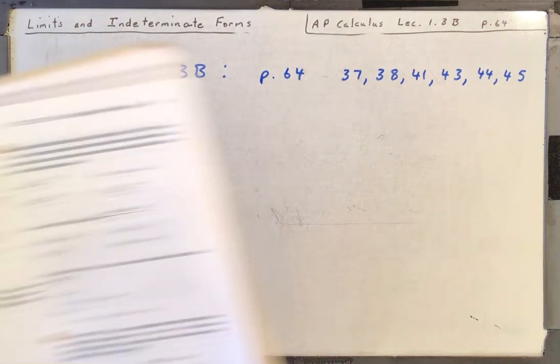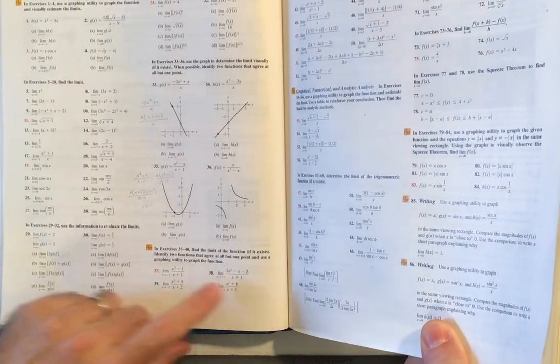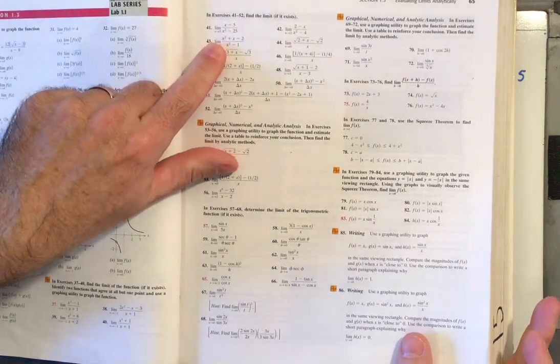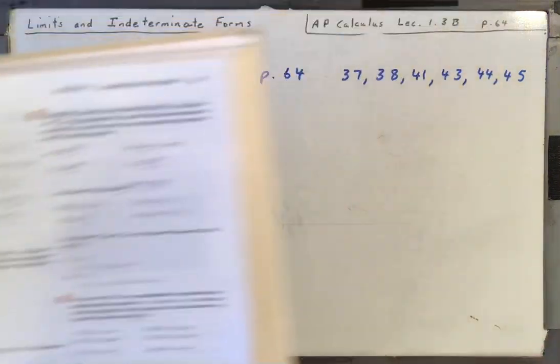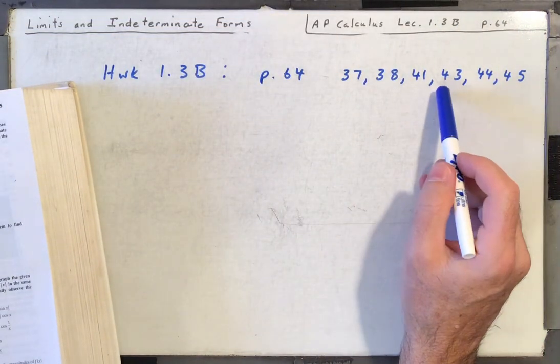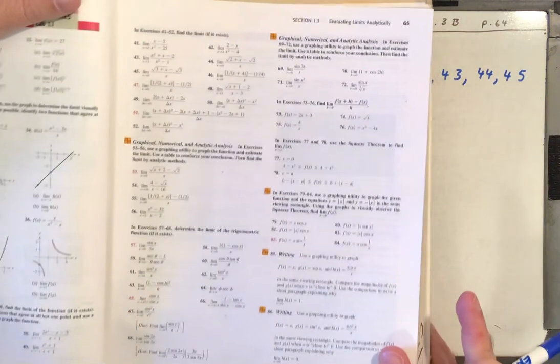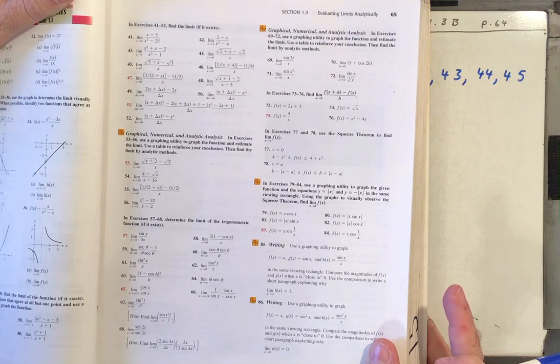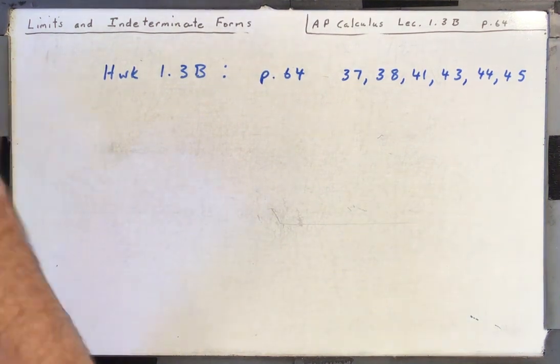So, 37, 38 are like what we did for 41. 41 has the difference of two perfect squares, so you'll need to remember that formula. 43 also has the difference of two perfect squares. 44 looks like a radical. 45, another radical on that. So the formula, it looks like you're going to be dealing with the difference of two perfect squares, so I'll remind you of that formula.